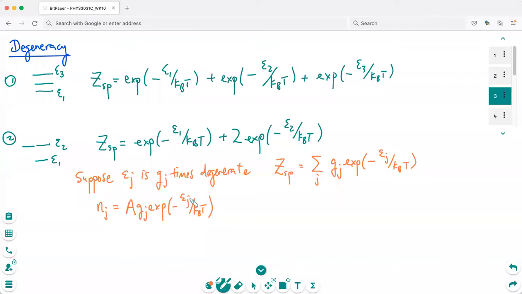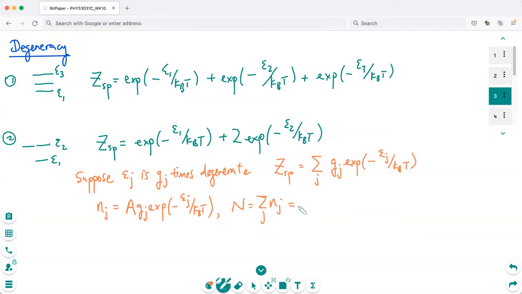How do you do this? Now you have more ways to put the particle at the same energy level, so you have to multiply by this degeneracy as well. Then the next step you ask is, how do you sum? You sum by really taking the sum.